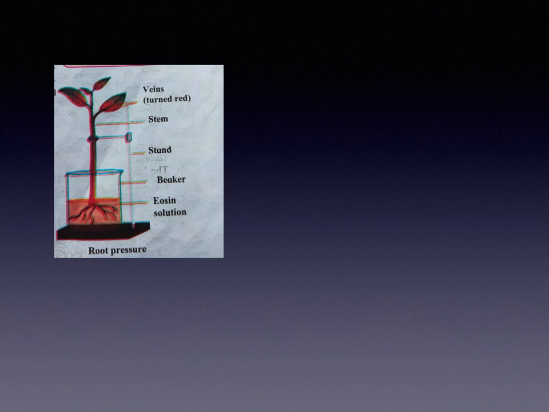Due to the root pressure generated, eosin solution is continuously pushed upward. As a result, water reaches xylem and the water column is pushed forward. If you take a transverse section of the stem of a plant and observe the stained xylem under a compound microscope, you observe that the xylem elements appear pinkish as the eosin solution is conducted upwards through the xylem.